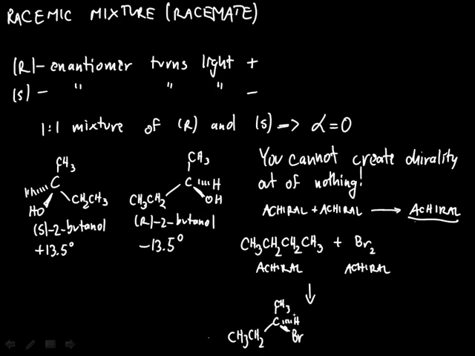This now is a chiral center, and we'll get both enantiomers on that chiral center in exactly one-to-one ratio. And that is where most racemic mixtures are formed. Okay, so overall this mixture, even though individual compounds have chiral centers, is still achiral, and the overall rotation is accordingly zero.